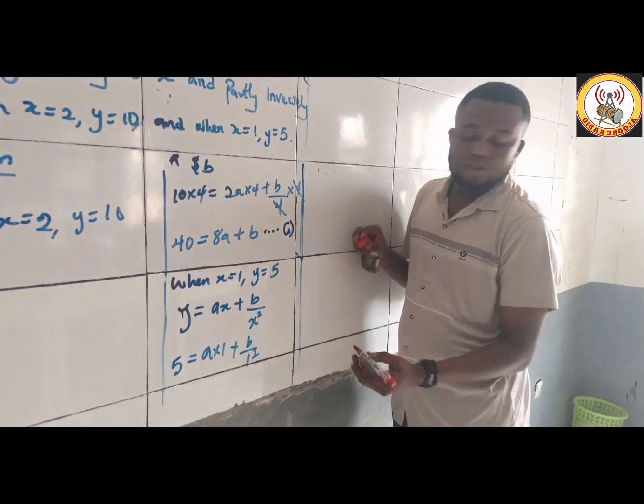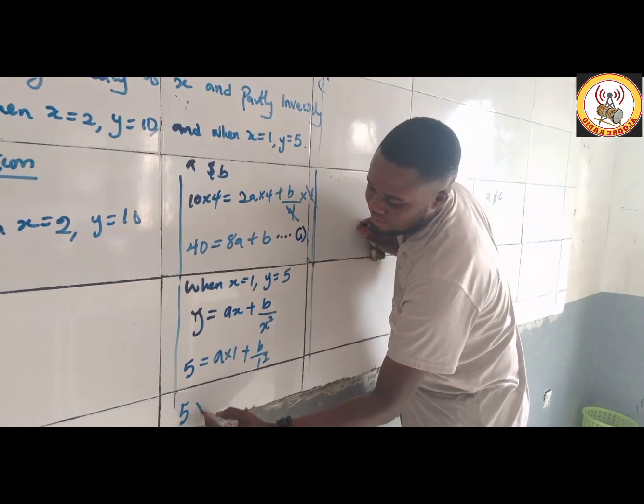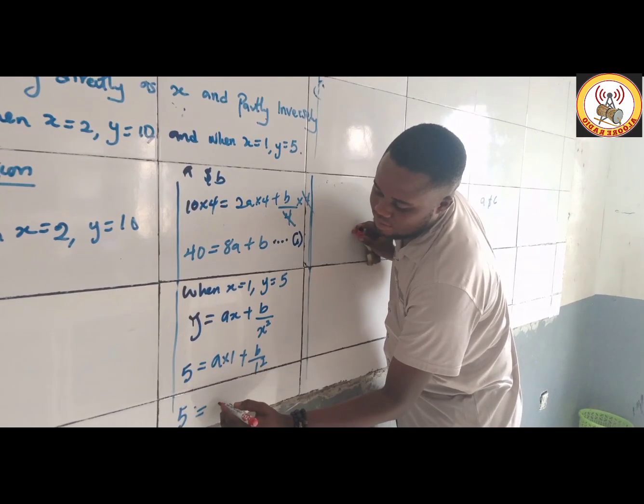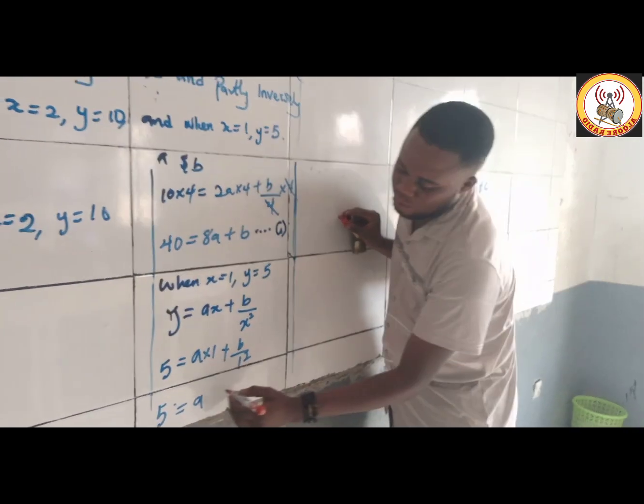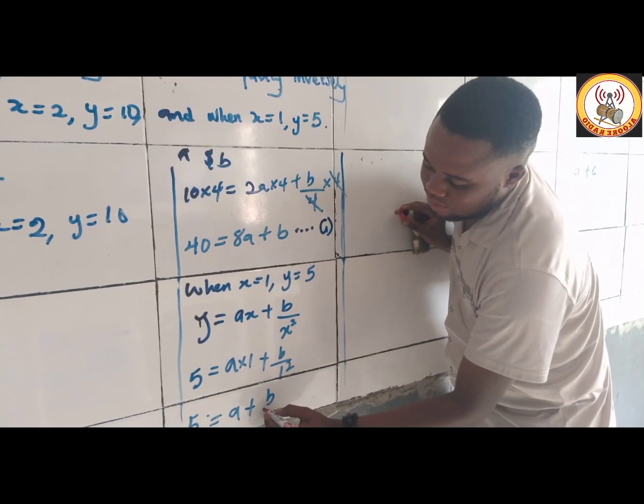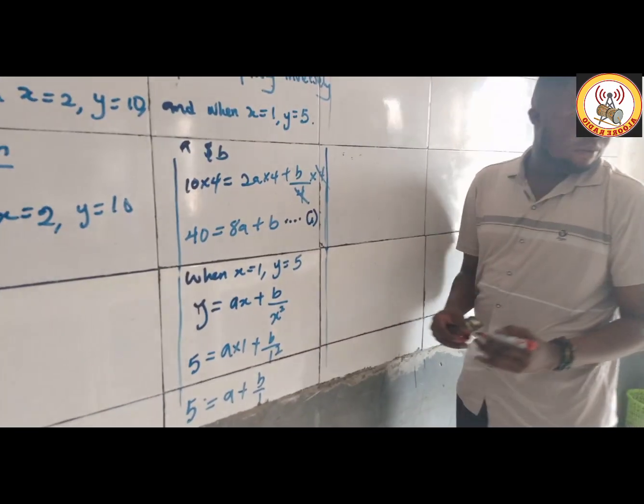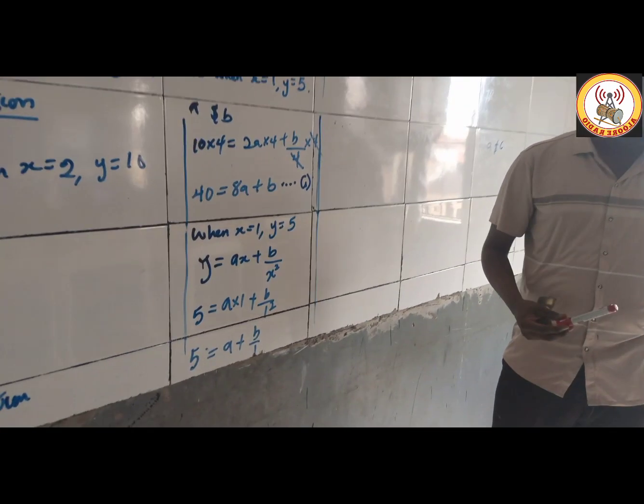This gives us 5 equals a plus b over 1, since 1 to the power 2 is 1.